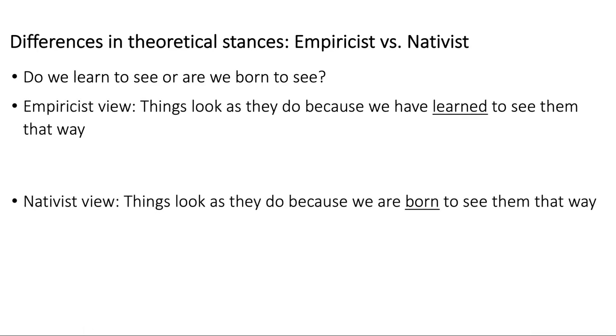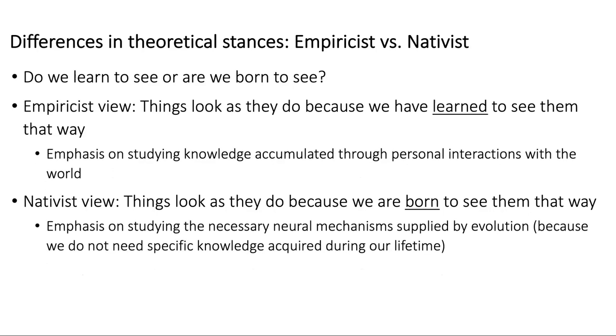The empiricist view says that things look as they do because we have learned to see them that way. If we were born in another world with different structures, then we would see the environment in that way. But the opposing view, the nativist view, is quite different. If you are a nativist, you may want to study more how neural mechanisms develop in time.